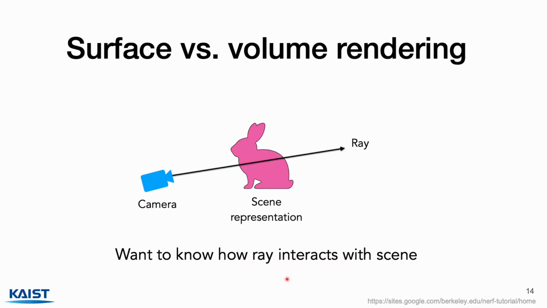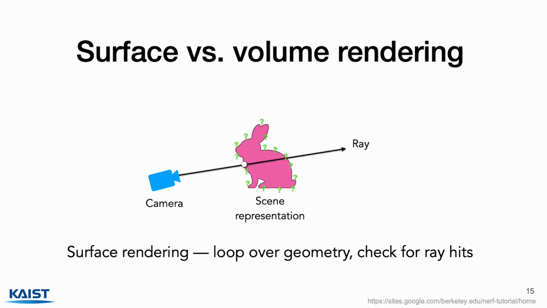Okay, so what is the difference between surface rendering and volume rendering? What we want to know is how a ray intersects with the scene. In surface rendering, we know where the geometry exists because we have an explicit representation such as a mesh or point cloud.